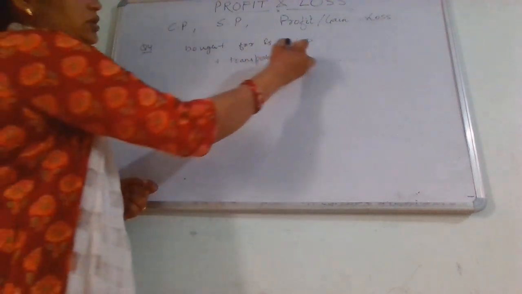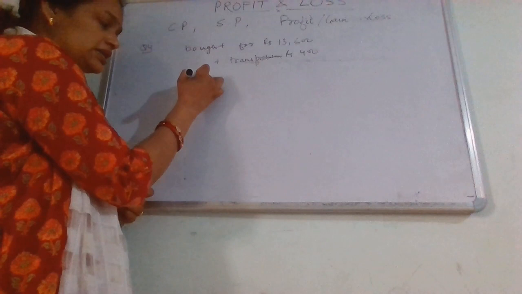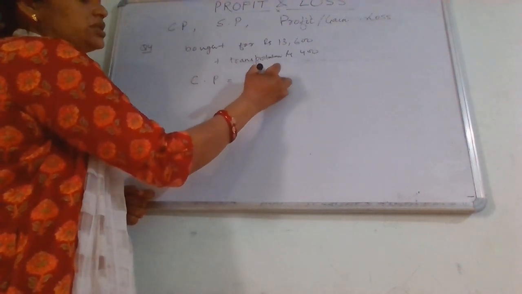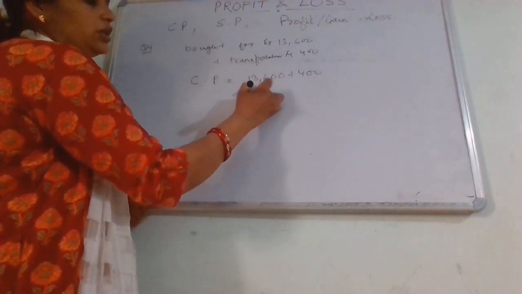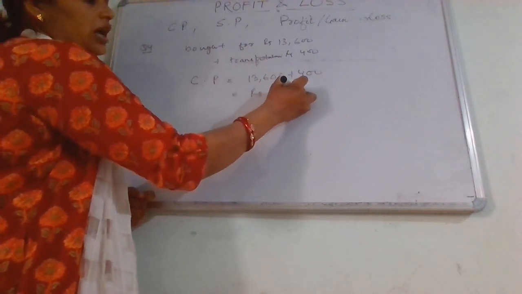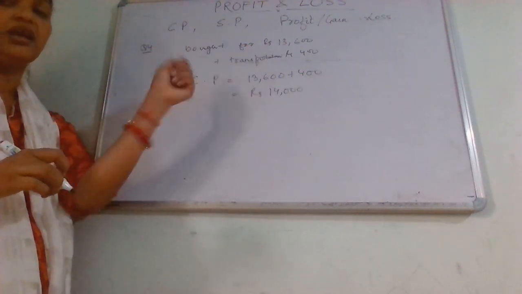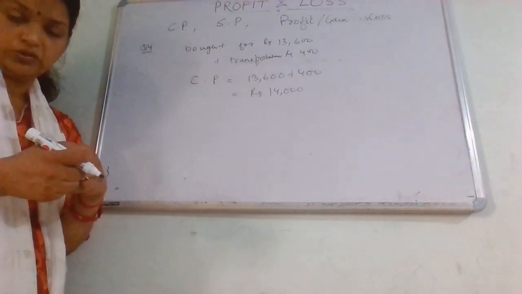Transportation charges is equal to rupees 400. So cost price is equal to how much? 13,600 plus 400, that is equal to rupees 14,000. So this is our cost price. He has bought it and then transportation charges you will also add on that.